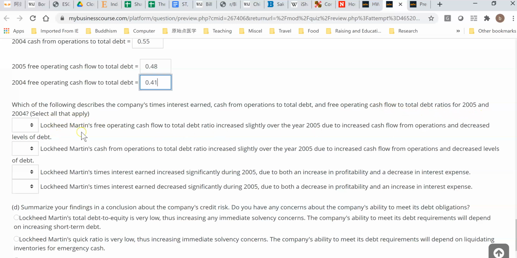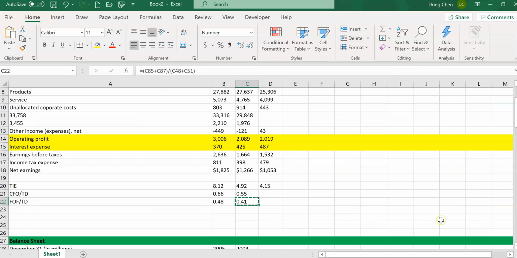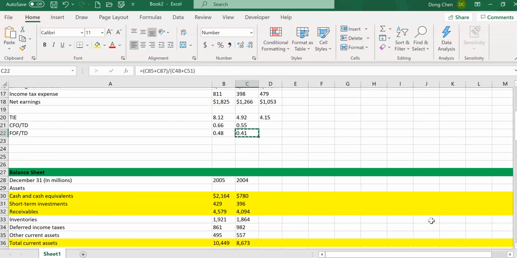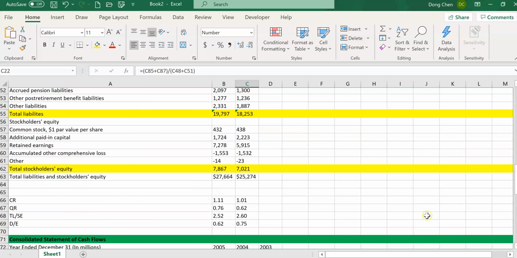The first one is Lockheed Martin's free operating cash flow to total debt ratio increased slightly over the year 2005 due to increased cash flow from operations and decreased levels of debt. To answer this question, we need to do a little bit more calculation.